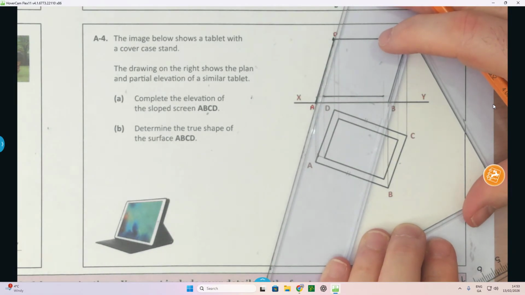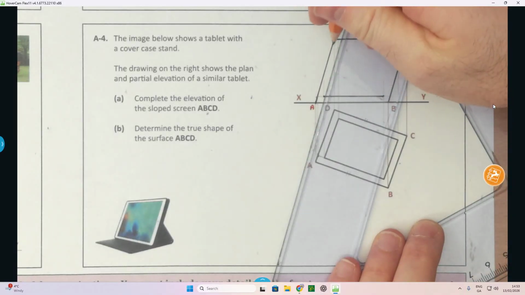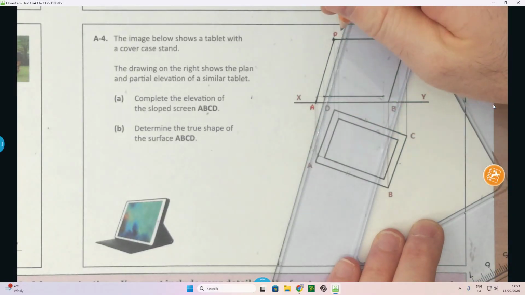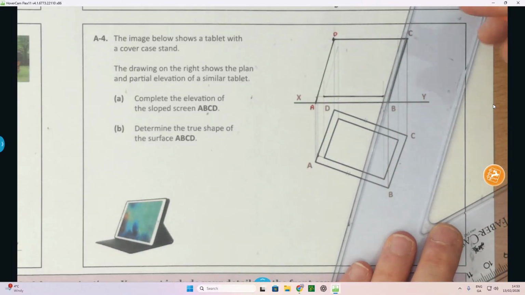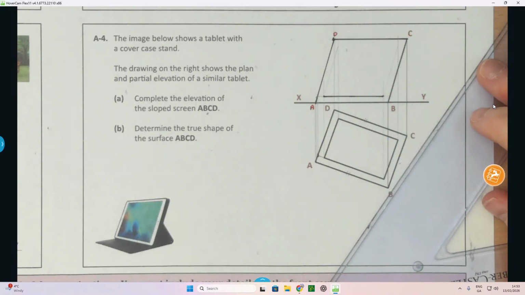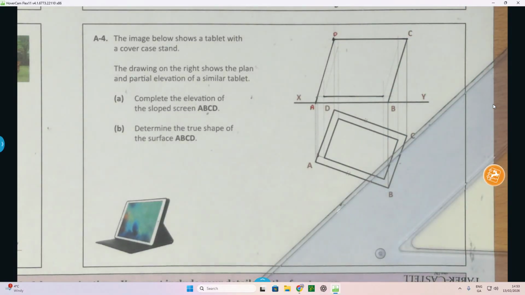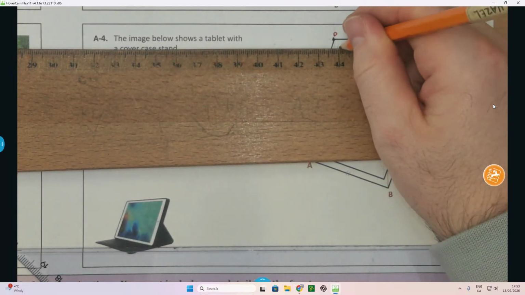So, if they're parallel in plan, they'll be parallel in elevation. So, if I use sliding set squares here, now it should be parallel. What should happen here? Let's see what Marcus is like.